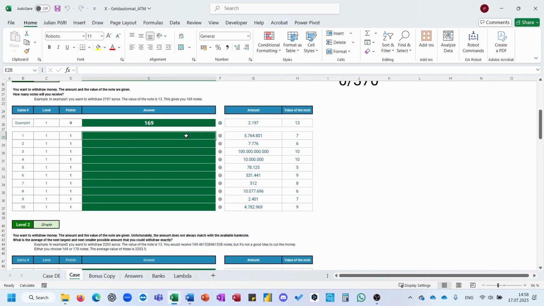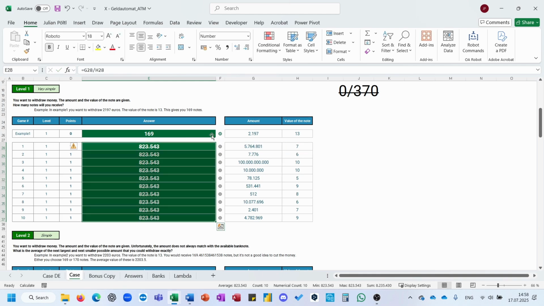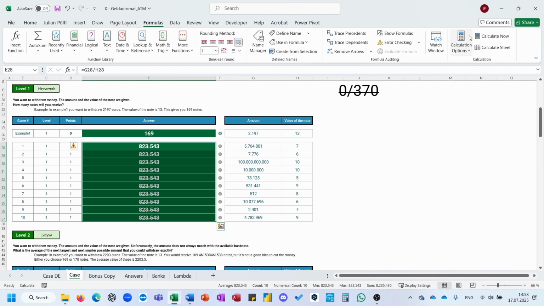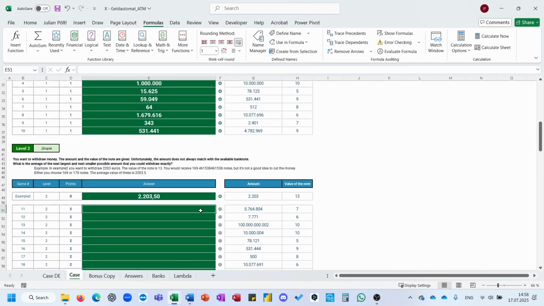Okay, level 1. This is simply a division when I'm turning on the automatic calculations. 10 points, yay.